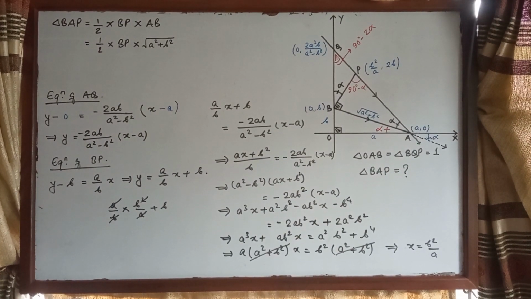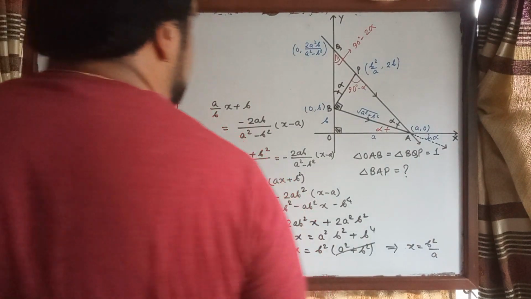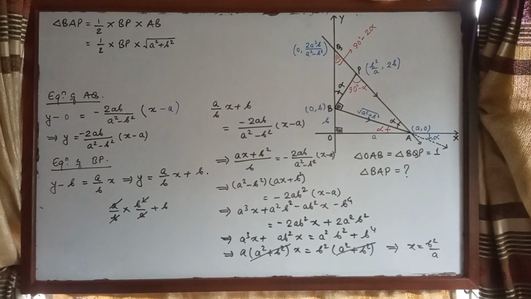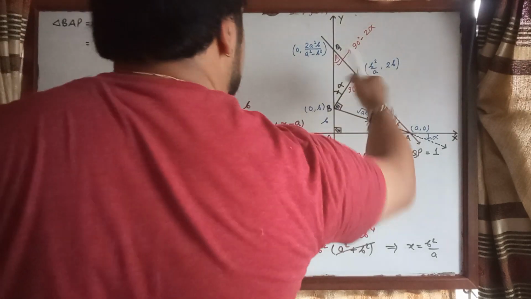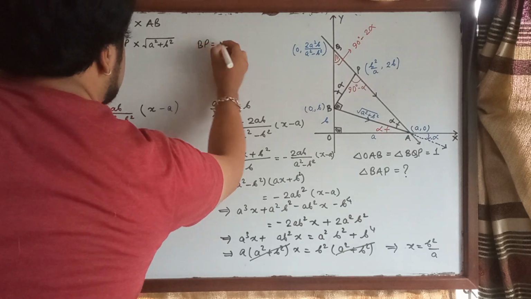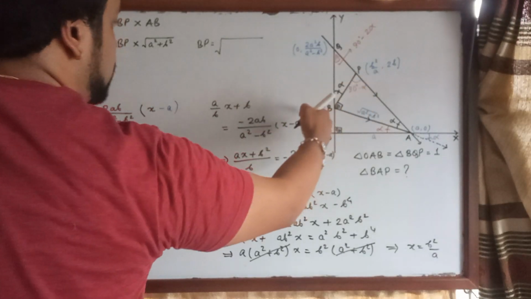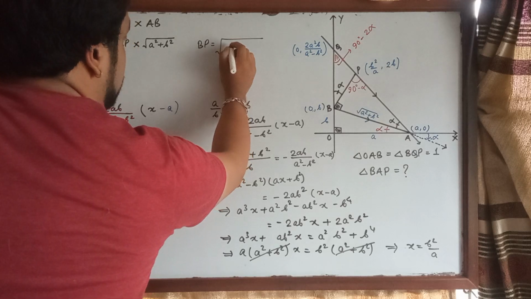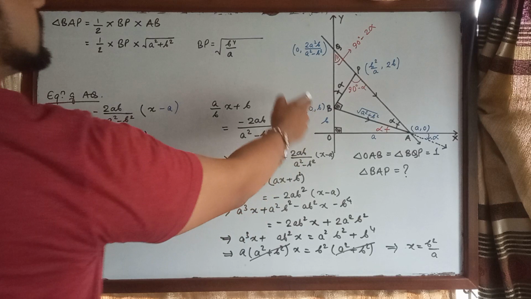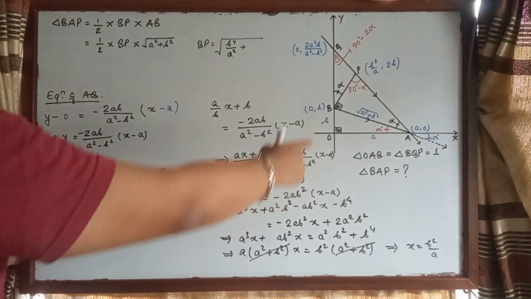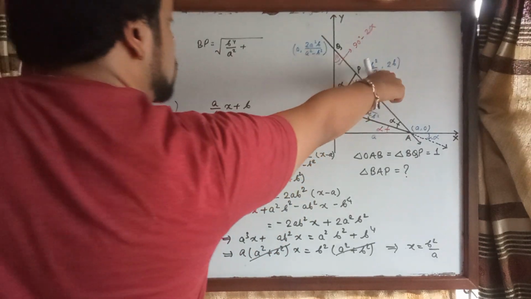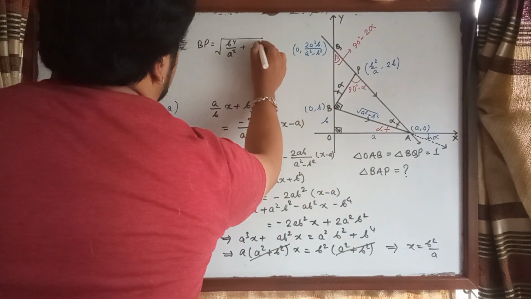Now, since we have the coordinates of B as well as P, we can find BP as the square root of (b squared over a minus 0) whole squared plus (twice b minus b) squared. So this is b to the power 4 over a squared plus b squared.